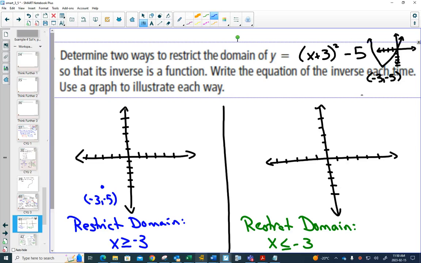And if I went x is bigger than or equal to -3, I'm going to label a couple of more points. I would have -2, -4, and -1, -1. So I plugged in some values, and this side, I only have that half of the parabola.